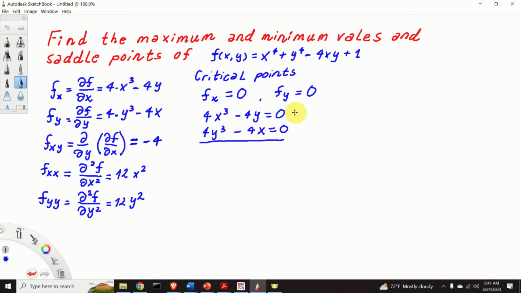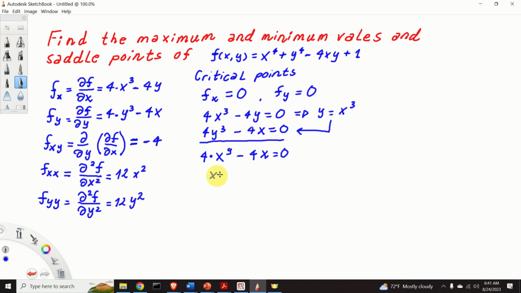From the first equation, we obviously have that y is equal to x to the power 3. Let's substitute this result in the second equation. Let's see, what do we have? 4 times x to the power 3, that term to the power 3 is x to the power 9, minus 4x is equal to 0.